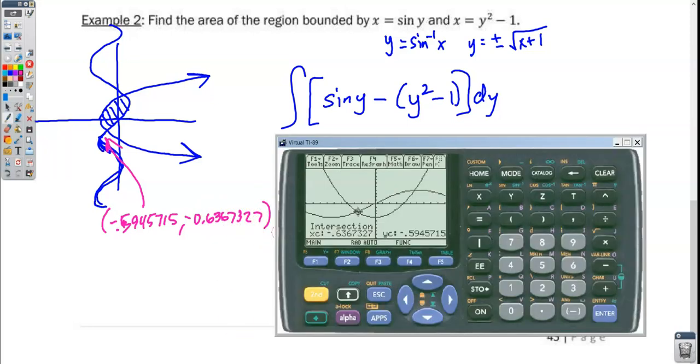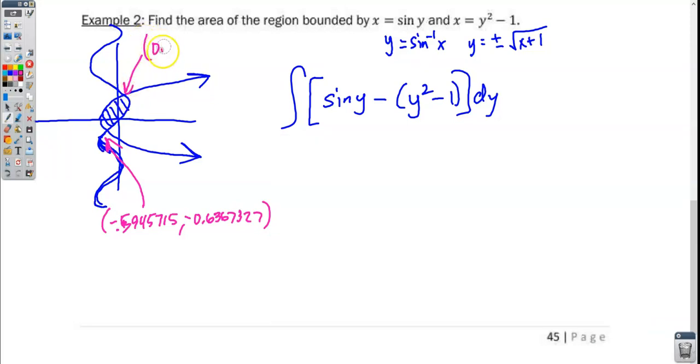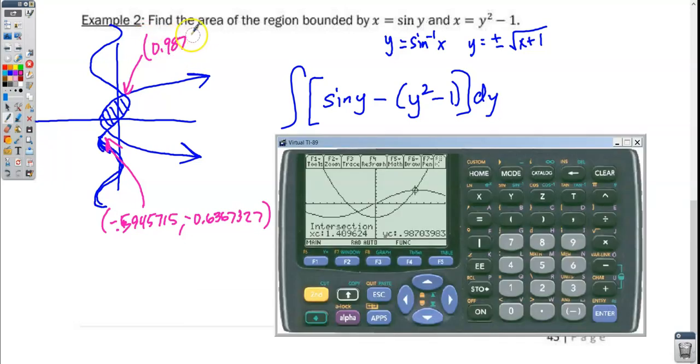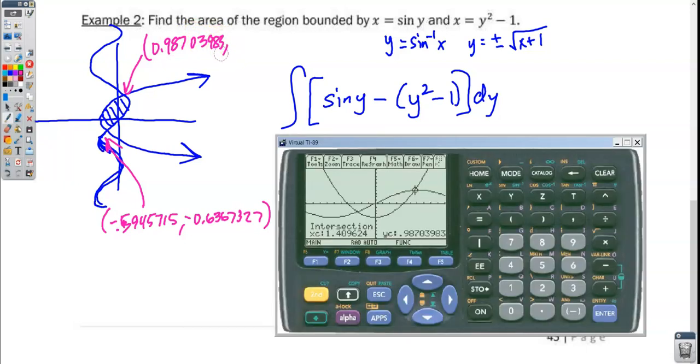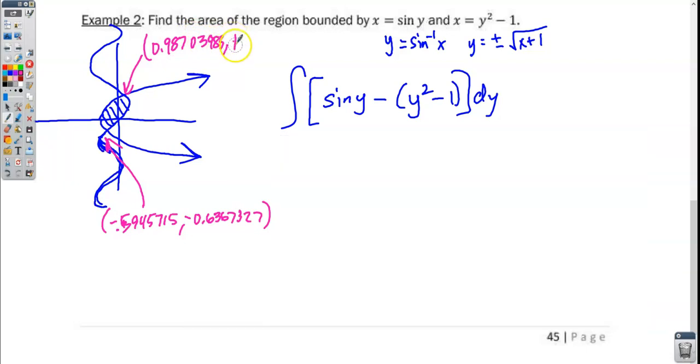Let's get the other intersection point. The coordinates of this are similarly flipped, so they're going to be 0.98703983, 1.409624.